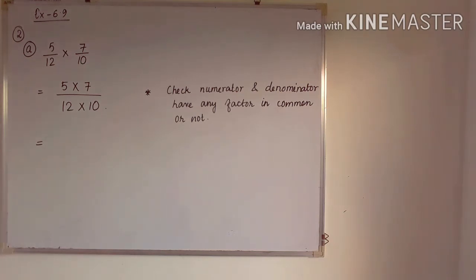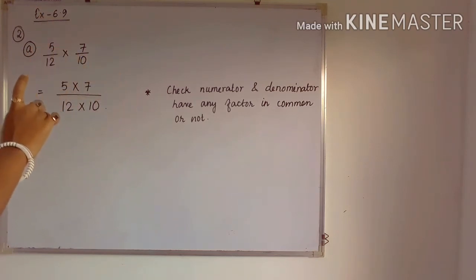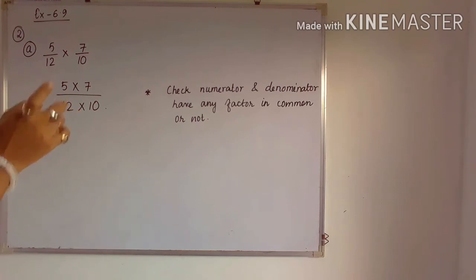In question number 2 we have to do the same, but here it is written using a shortcut. So what is the shortcut? In question number A from 2 we have to multiply the numerators, and in the denominator multiply the denominators. But here one thing we have to check. What do we have to check? I have written: only check numerator and denominator. If they have any factor in common, then we can reduce it.